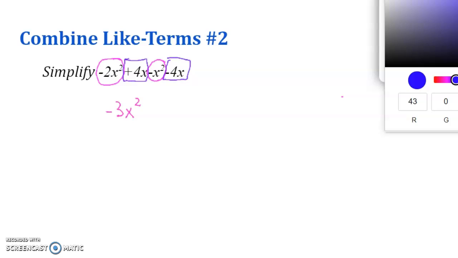You have 4 lots of x, and then to that you're adding negative 4 lots of x. 4 plus negative 4 is 0x. So this is 0x. Okay, what is 0 times x? This is not the same as x, or this is not the same as y. 0 times anything is 0. So this simplifies to negative 3x squared, which is my final answer.